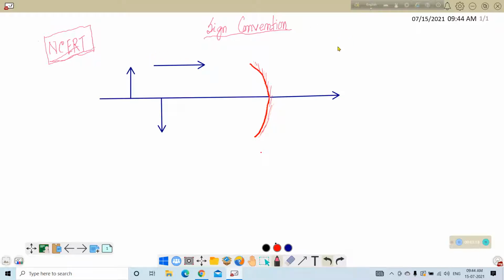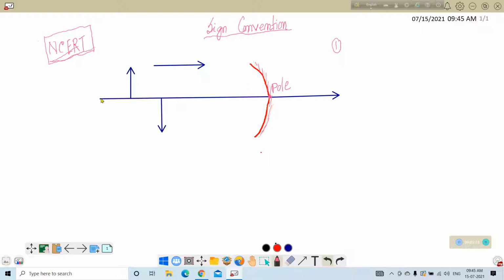Now, first principle, number one. The object will be placed here in this space. This point is the pole of the mirror.